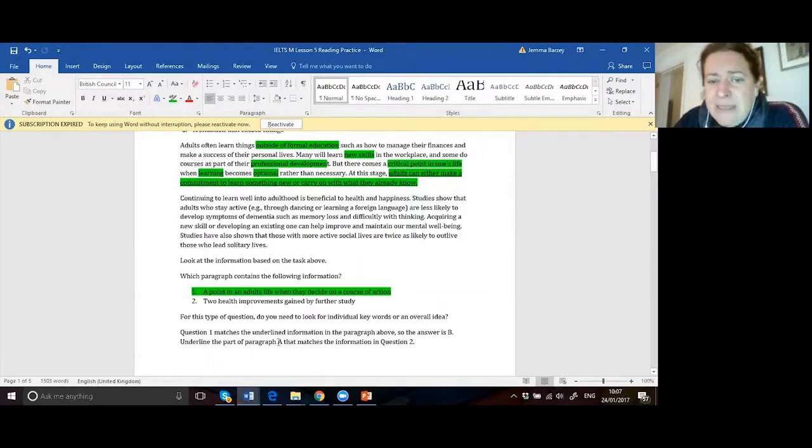So there's a part in paragraph A, hopefully, that matches question 2. Can you see anything that talks about 2 health improvements? New skills, maybe. That's an improvement, but not a health improvement.